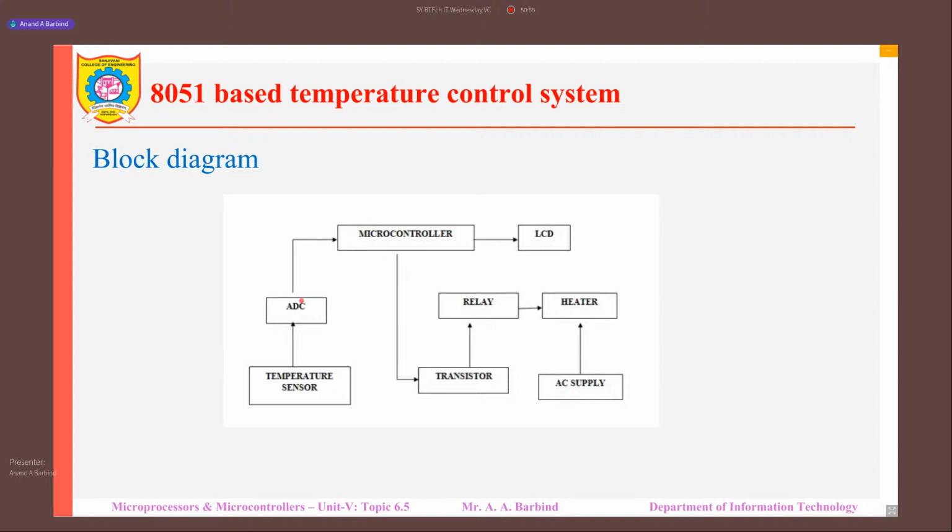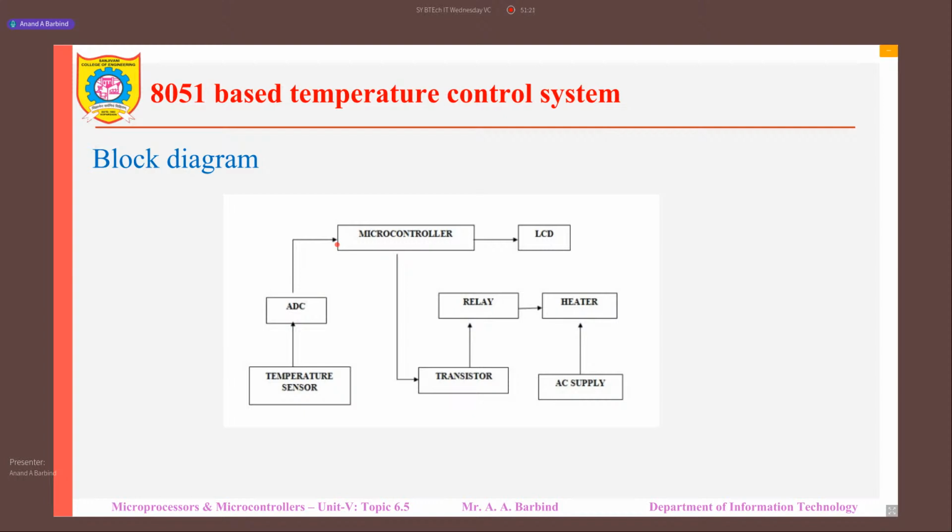To interface the ADC, you need at least one input port with 8 lines. For example, port 0, all 8 lines you can connect for the data. Whereas to give the start conversion command and to read the end of conversion, some lines of port 1 can be used.